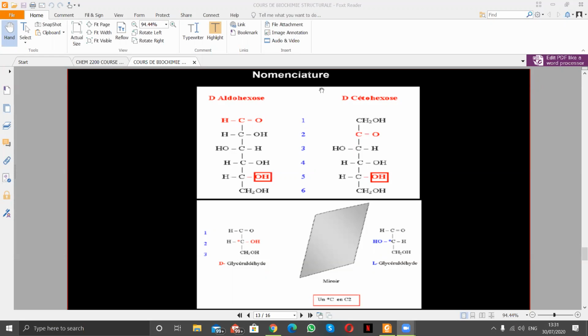So when we have it linked to the first carbon, it is an aldehyde. Then when it appears in the middle of the structure, then it becomes a ketone. Okay, thank you.